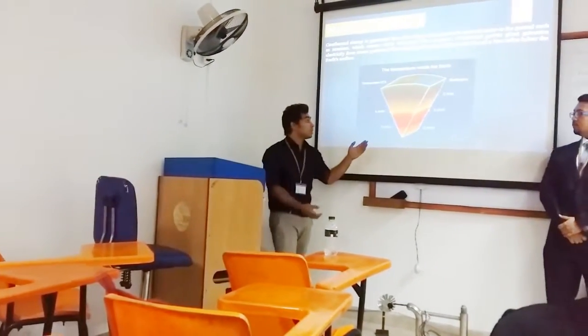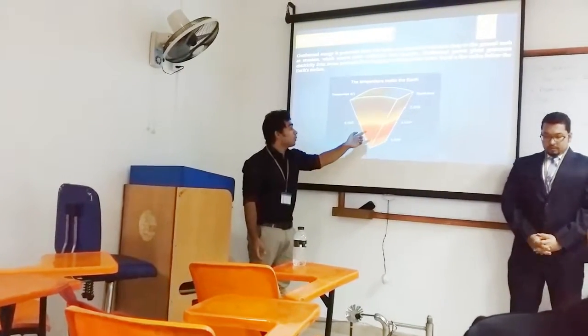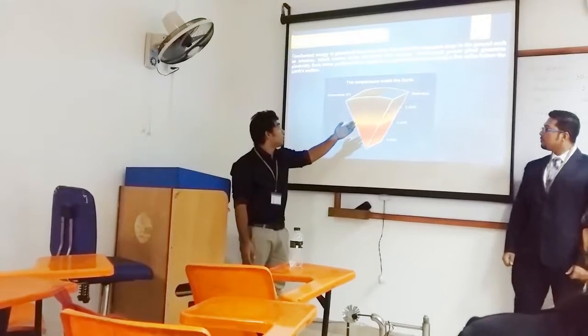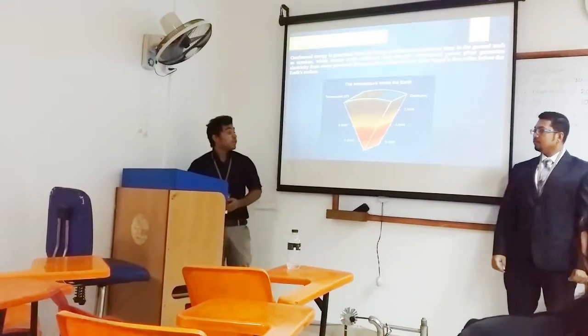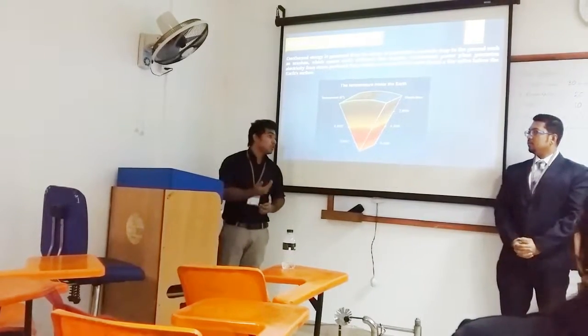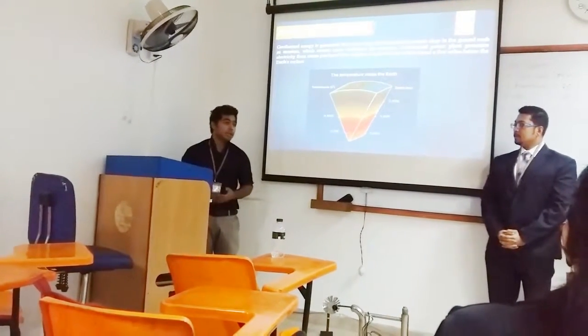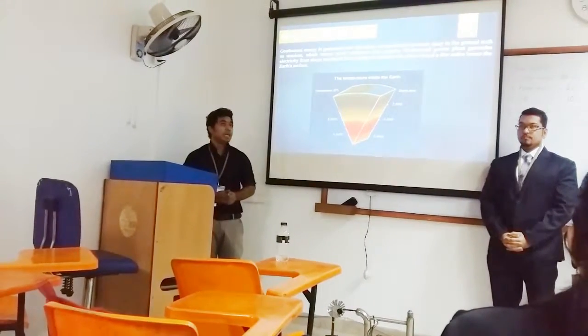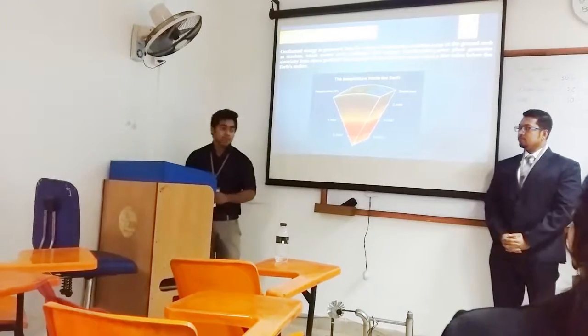Here you can see in this picture we have shown the rising temperature according to the depth beneath the earth. If we go about 4 to 5 kilometers under the earth in Bangladesh, we will approximately get 100 to 110 degrees Celsius of temperature.